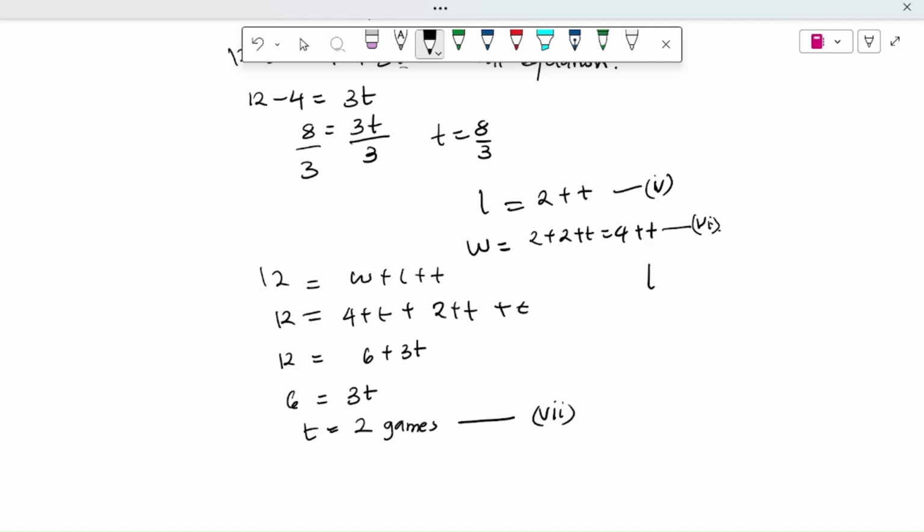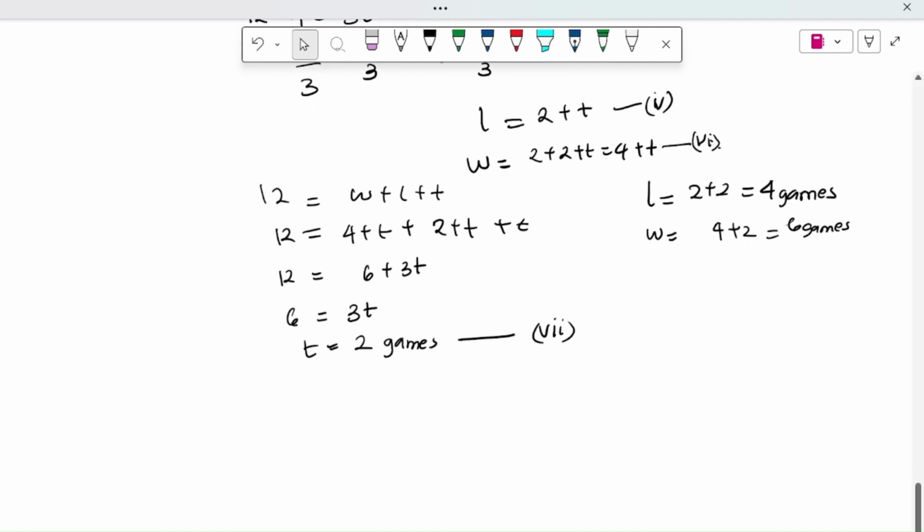So L, which was the lost games, is 2 plus 2, so that will be 4 games. And the won games is 4 plus 2, which is 6 games. So if we substitute the value of 12 with won, lost and tied, it will be 6 plus 4 plus 2, which is equal to 12.